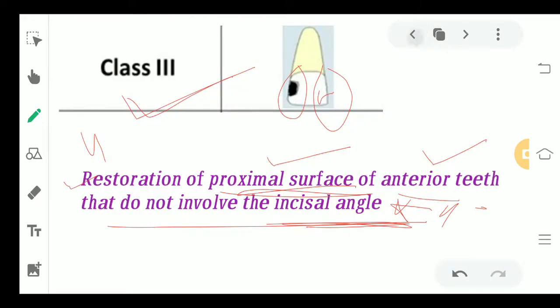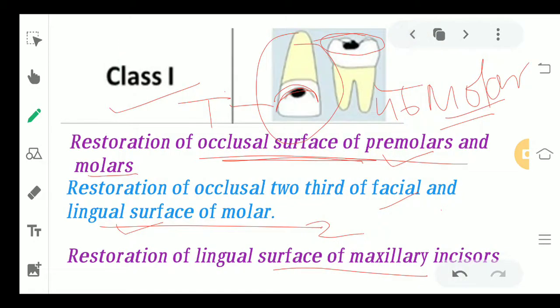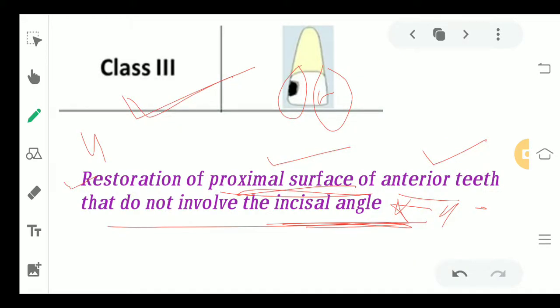Now you always have to keep the form in your mind, that how you're supposed to make the cavity and what surfaces are to be covered in which class. Now class 1 you see only about the occlusal. Class 2, when the proximal surface is involved and you're supposed to make a gingival seat in these cases. Class 3, when the proximal surface of anterior teeth are to be restored without involving the incisal angle.